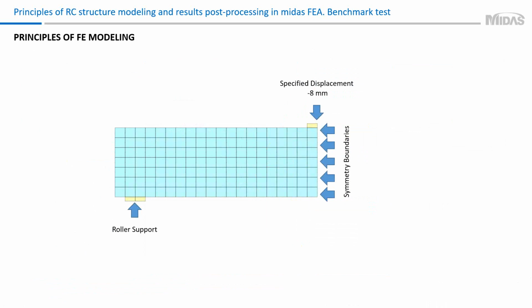Now, boundary conditions and loading. It's very important that if you consider nonlinear properties of material, including such material as total strain crack, you have to avoid stress concentrations due to boundary and load applying effect. In this case, you should do the same as usually during the laboratory test.